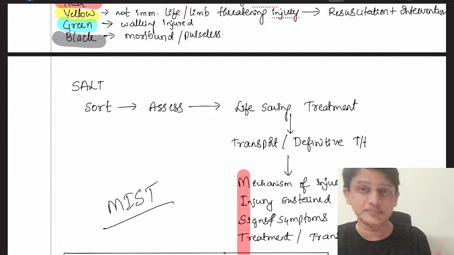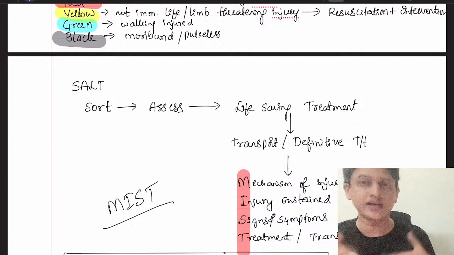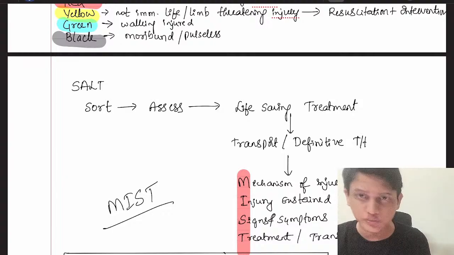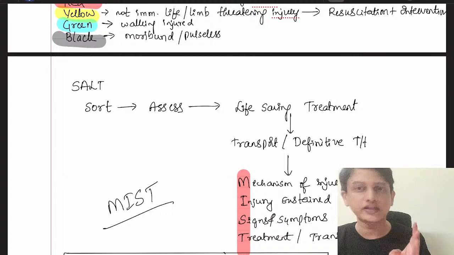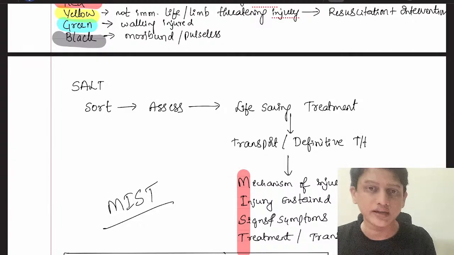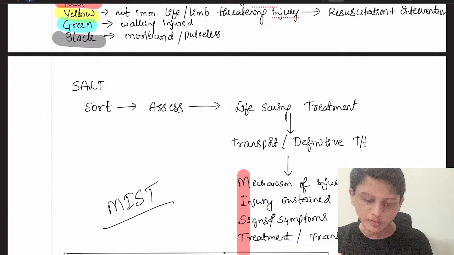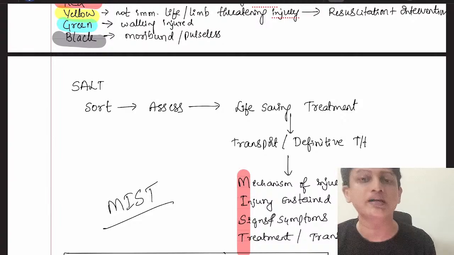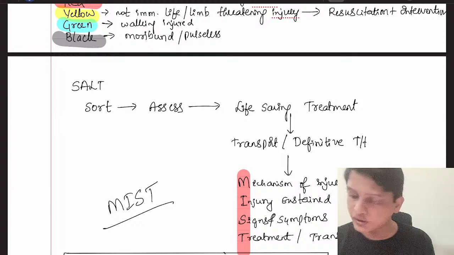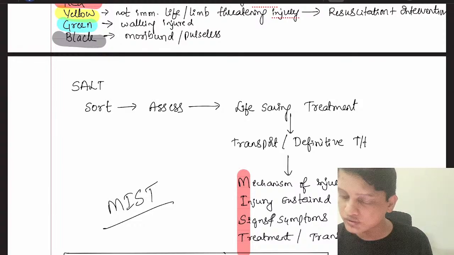And what are the signs and symptoms with which he presented to you, whether he had any airway compromise, breathing issues, tachycardia, all those things. Fourth is what treatment was already given and how he was transported there. This is called MIST protocol: Mechanism of injury, Injury sustained, Signs and symptoms, and Treatment or Transport facilities provided. This is called MIST.